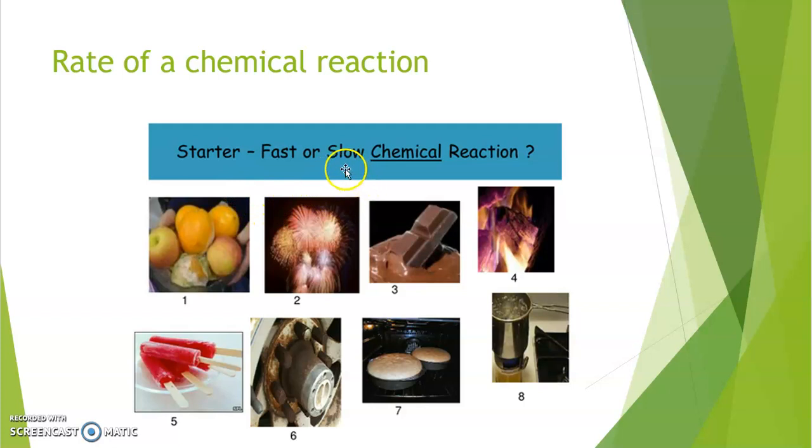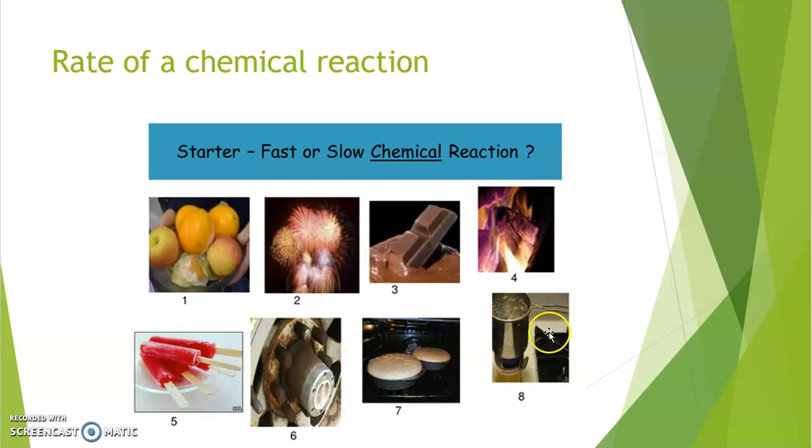Well, it's relative, so I'll just check a few examples. For example, chocolate melting. This is a fast process. It happens by the action of temperature. Burning, it's a fast process. Firework explosion, it's a fast process. Baking, it's relatively fast. Rusting, slow.